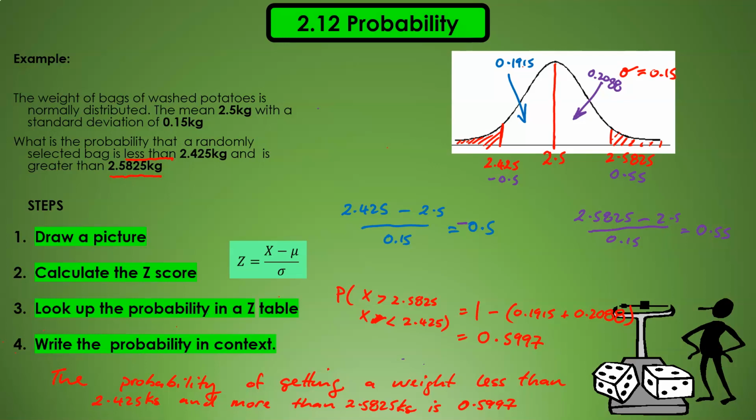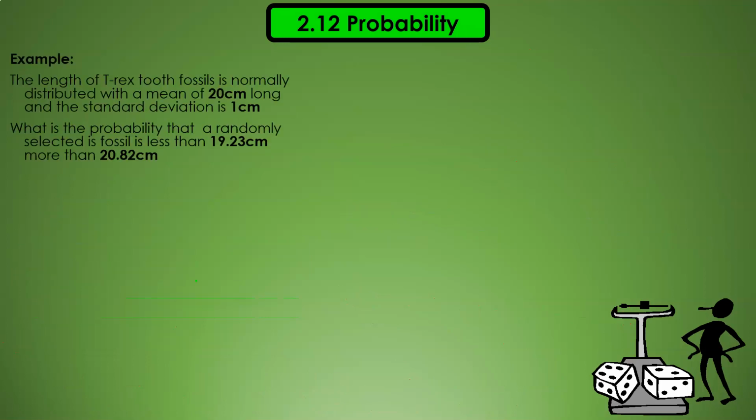You could also do it by taking away from 0.5 in two parts. You could take this number away from 0.5 and then add that to this number from 0.5, but you're really working out the same thing. In fact, I think that's the way the workbook tells you to do it.